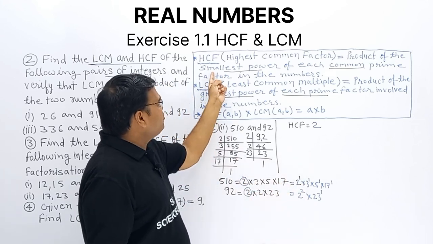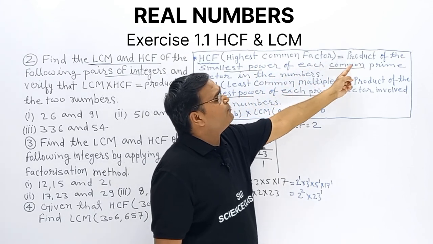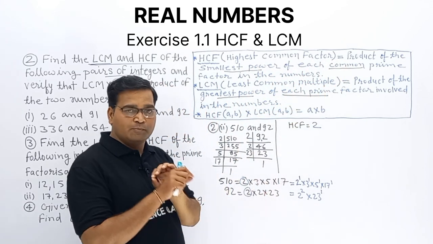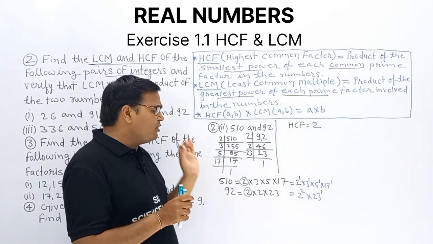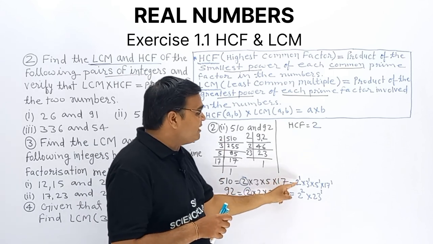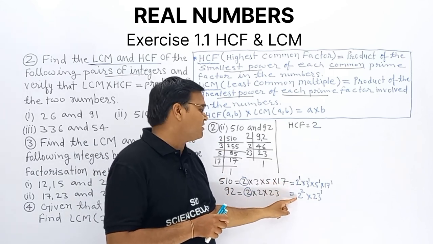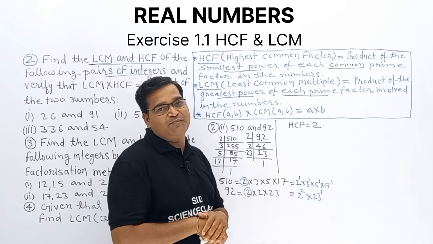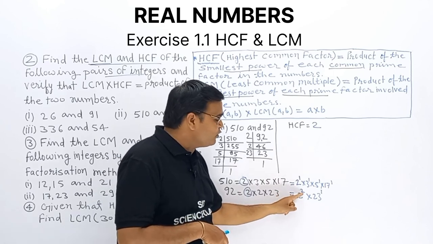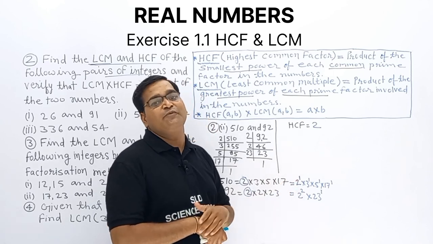So we will use the smallest power of each common prime. Now it is clear here कि जो कॉमन फैक्टर है, उसकी स्मॉलेस्ट पावर.